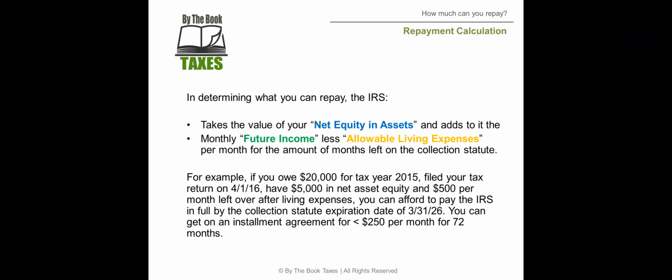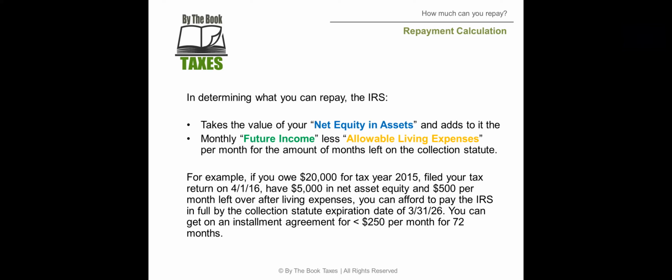The question is, can this taxpayer afford to pay back $20,000 to the IRS, assuming now it's the end of February 2019, basically in the next 7 years? And the answer is yes.